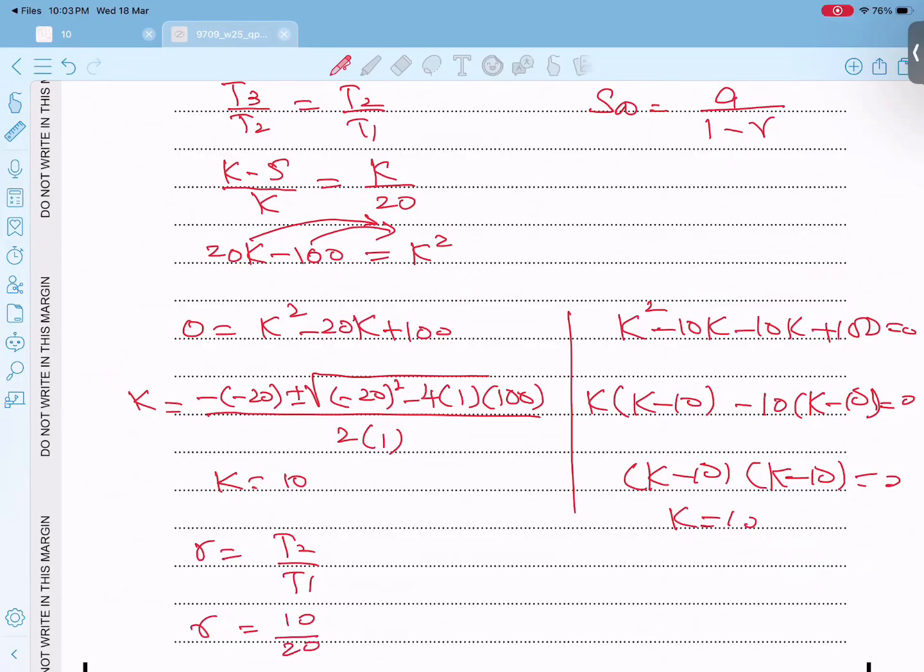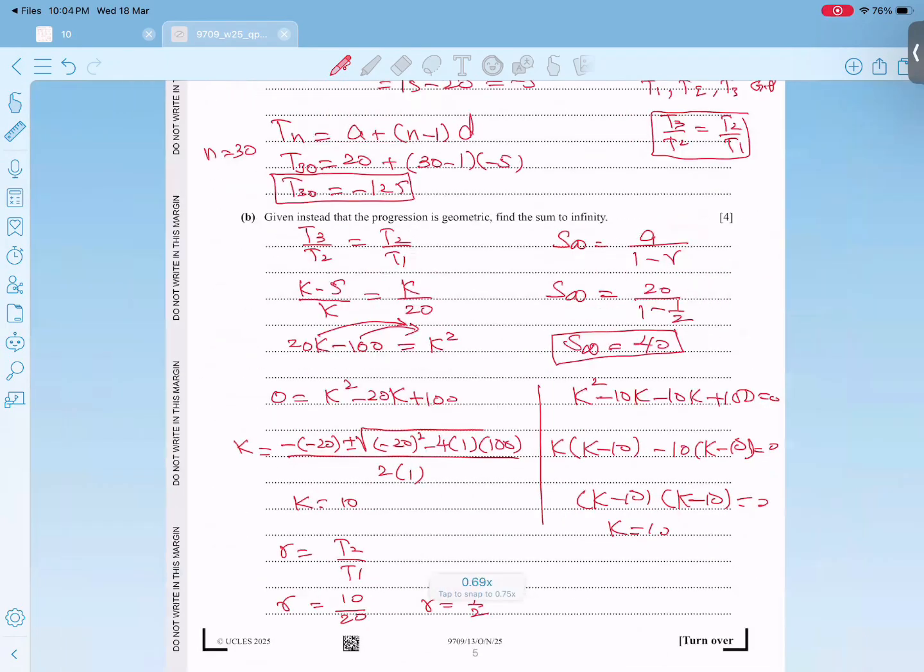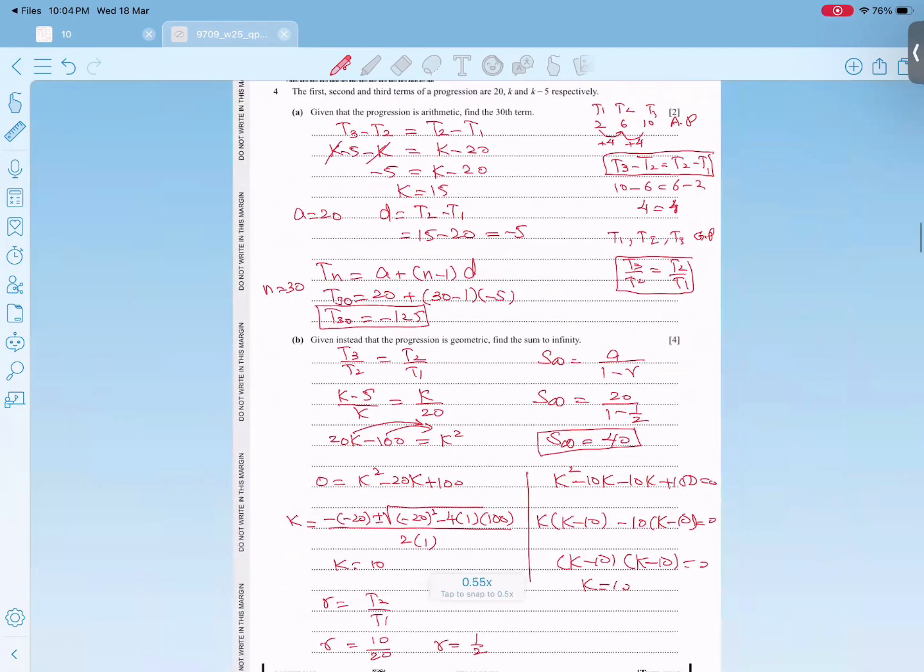The r value is becoming half. Now I plug this half in, and the a value we already have is 20. So 20 over 1 minus half, and if we check in the calculator, it becomes 40. Alhamdulillah, I hope the concept of the question is completely clear.